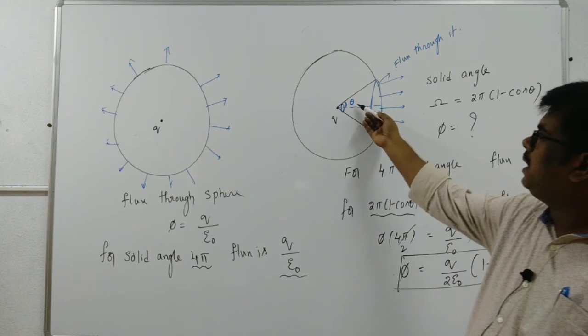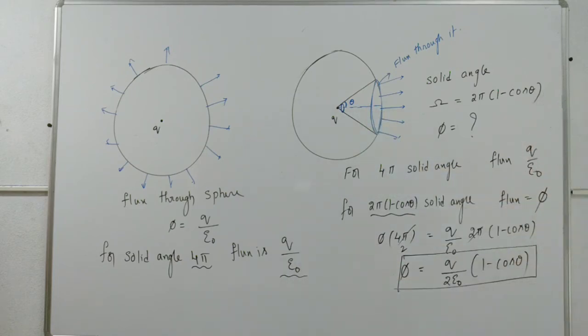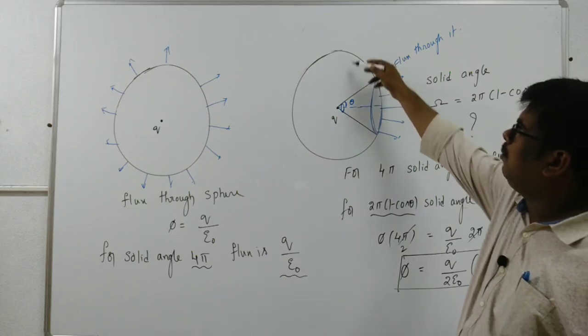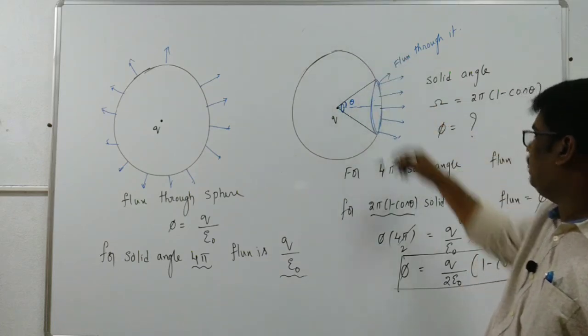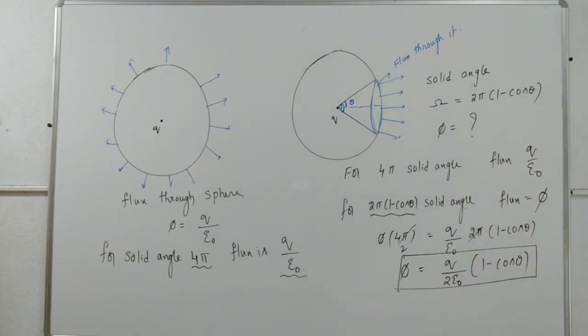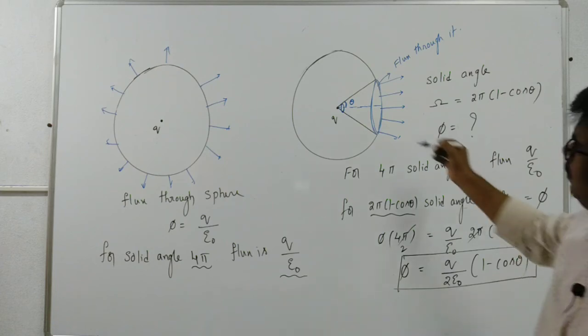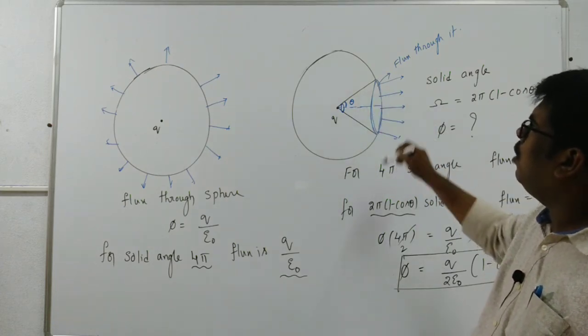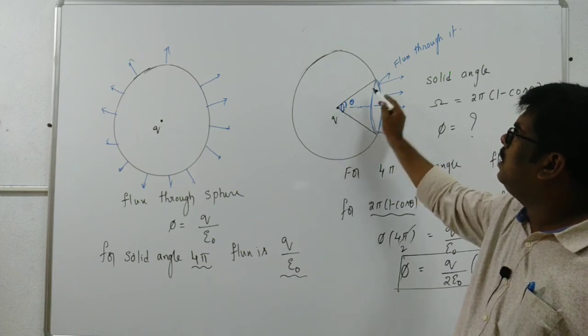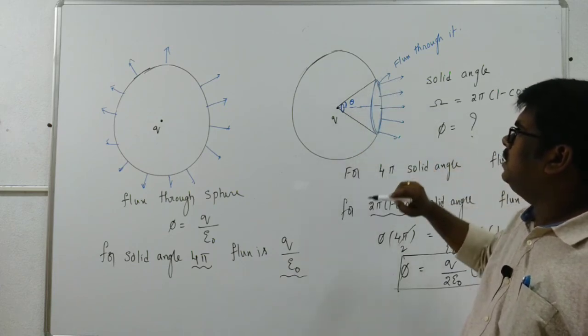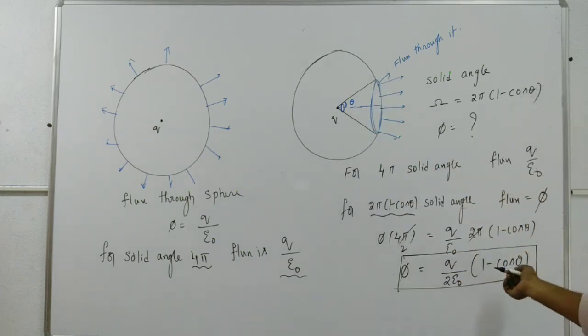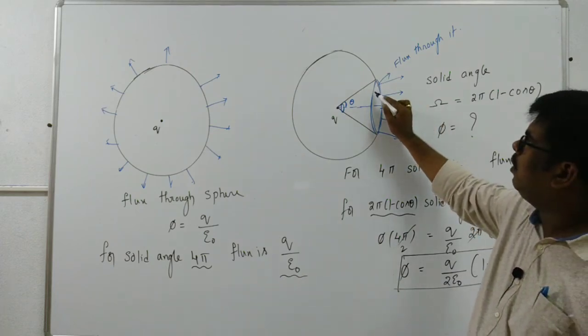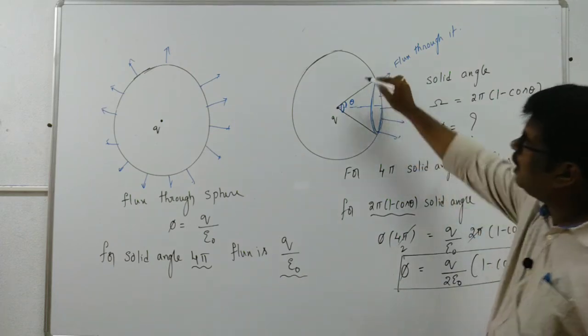Suppose it makes 30 degrees, theta is 30 degrees. If it is a hemisphere, theta is 90 degrees. Whatever the angle made by this with the axis, if it is known to you, then you substitute that angle and you will be able to find the flux passing through a part of the sphere.